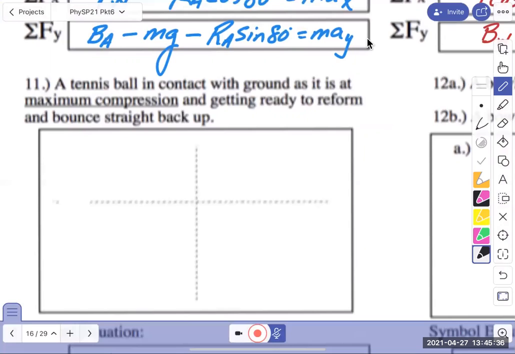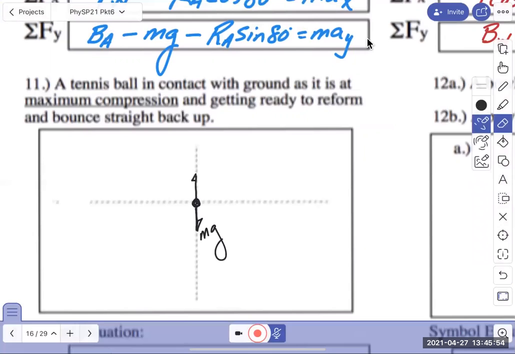Something really weird happens here. Here's the tennis ball, and it's got a little mg, not much. It doesn't weigh much. And you'd think the normal force looks like this, right, because it counteracts mg. But no, in this case, the normal force is much bigger than mg.